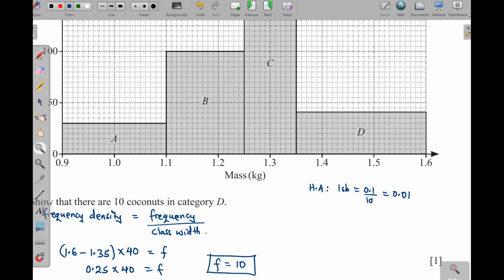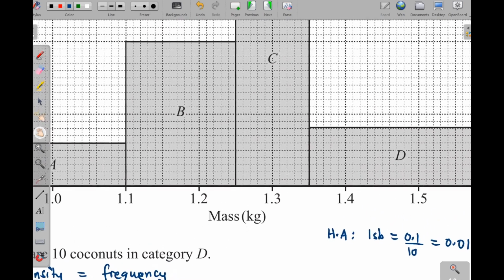So this is 40. That means now, based on what they said, this line probably was drawn wrongly. It would have been on this line here for us to get the exact 40, but it is slightly above, you know. So this is 5, 10, 15, 20, 25, 30, 35, 40.